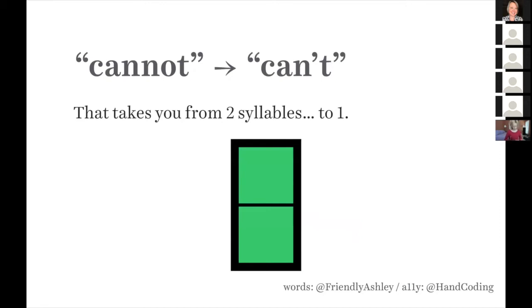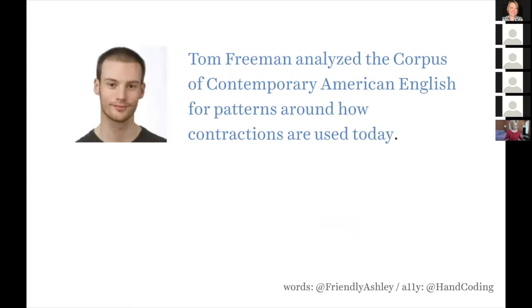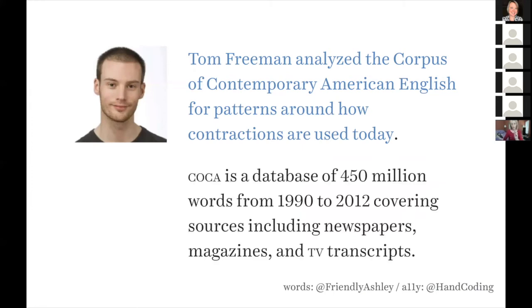Well, you know what? One of my fellow copy editors, a fellow named Tom Freeman, analyzed the Corpus of Contemporary American English for patterns around how contractions are being used today. Now, the Corpus of Contemporary American English is a database of words.